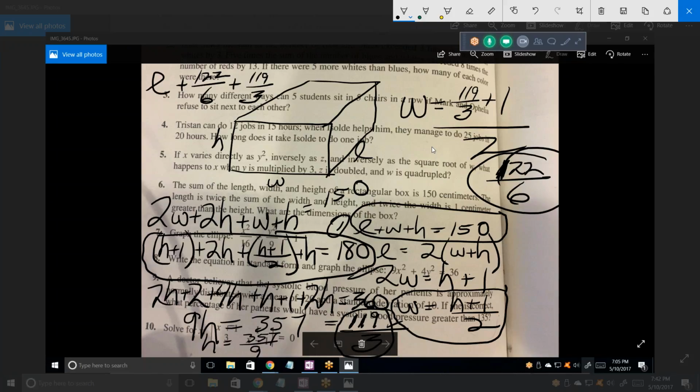Well, 122 sixths is 20 and a third, and 119 thirds, yeah, that's right, 119 thirds is 39 and a third.